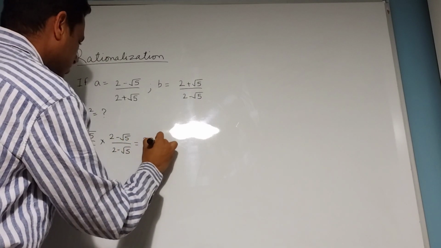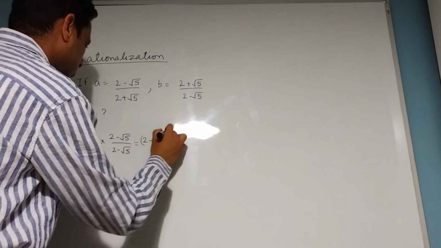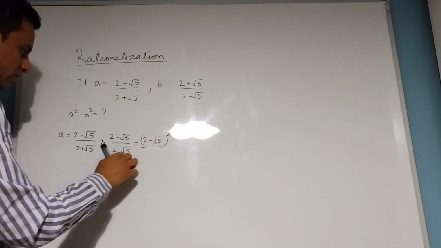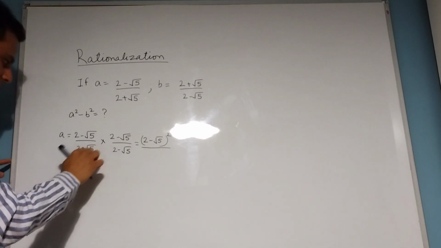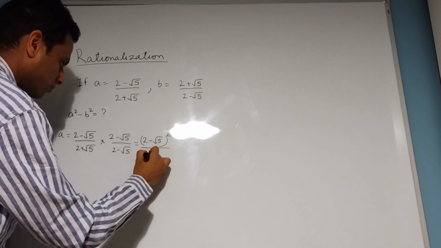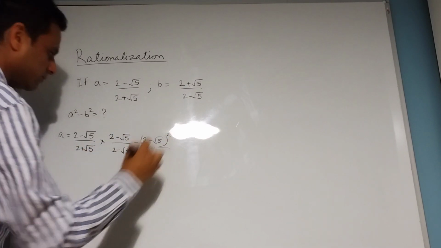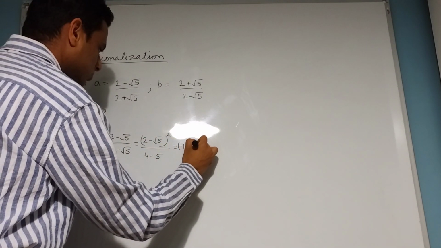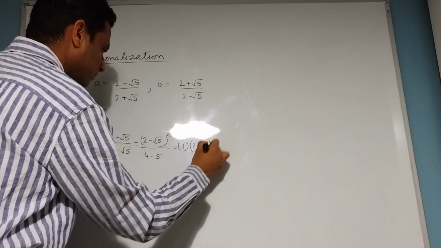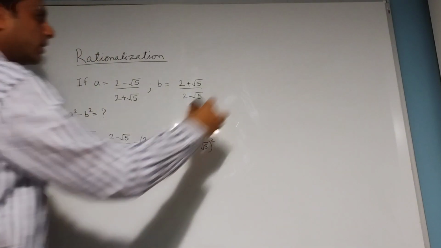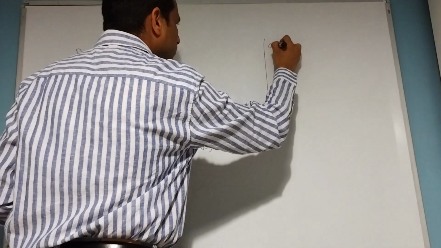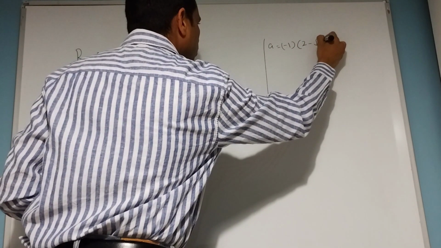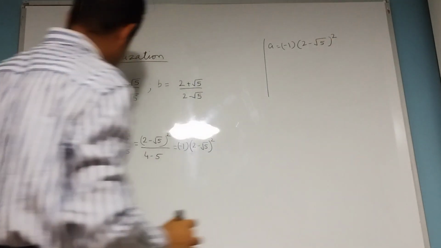So this is 2 minus root 5 whole squared by a plus b times a minus b, which is a squared minus b squared, 4 minus 5. This comes out to be minus 1 times 2 minus root 5 whole squared. We write down the value of a here: minus 1, 2 minus root 5 whole square.